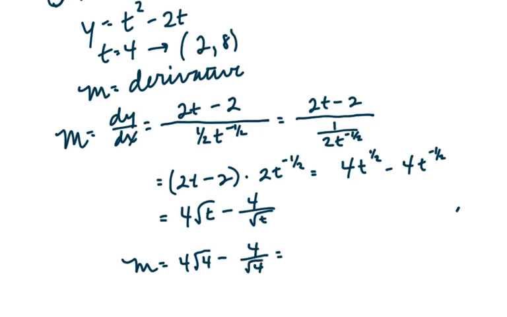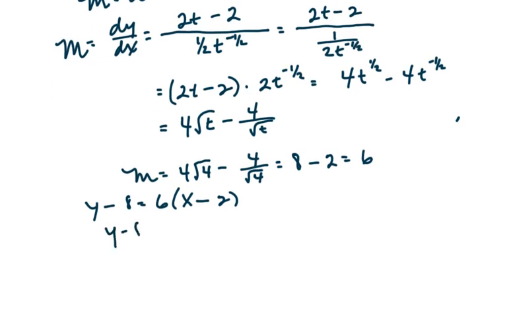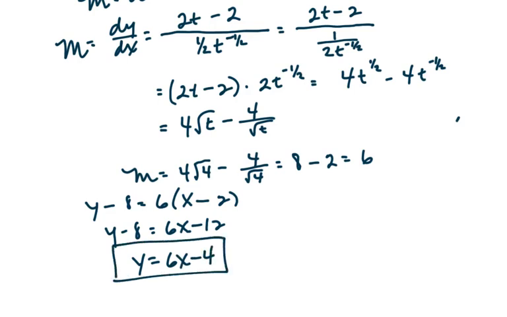So 4 times 2 is 8, and 4 divided by 2 is 2, so our slope is 6. And we have the point (2, 8). So we're going to say y minus y1, which is 8, equals 6 times x minus x1, which is 2. So we have y minus 8 equals 6x minus 12, y equals 6x minus 4. So that's the equation of our tangent line.